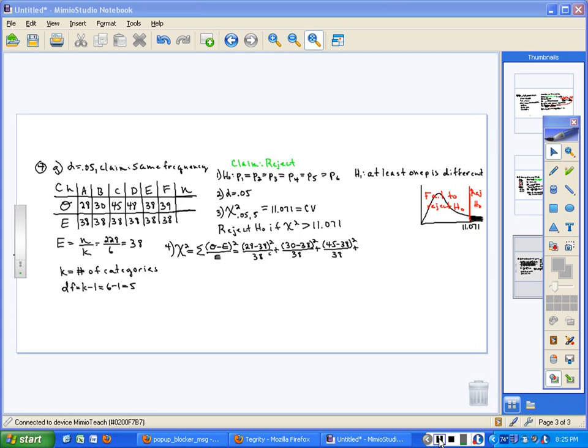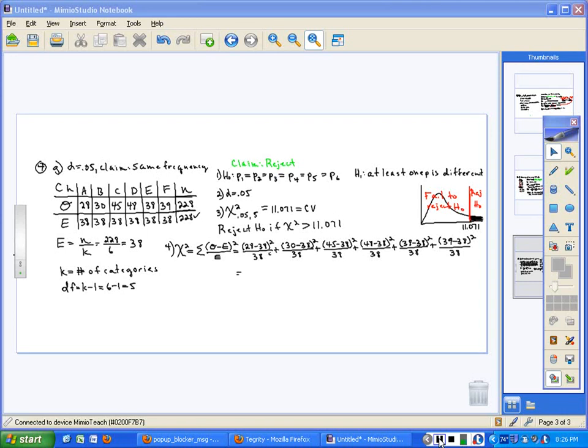The next one is 48 minus 38 squared over 38. The next one is 38 minus 38 squared over 38. And the last one is 39 minus 38 squared over 38. I forgot to put the total up here, which is 228, and when you add all those up, you get 228 also.